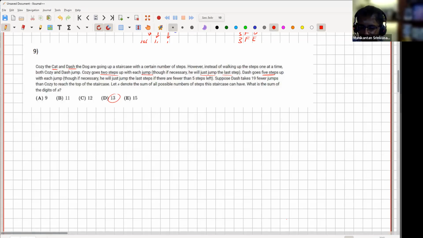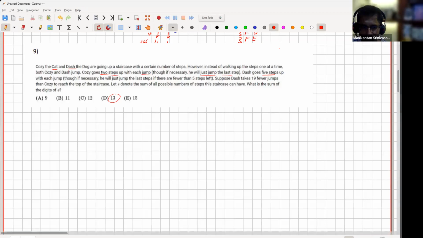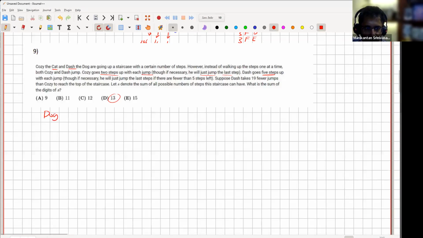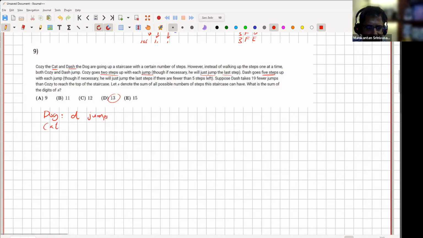Now, what is he asking? Obviously the dog takes fewer jumps. Let's say the dog takes D jumps, and the cat takes C of them.